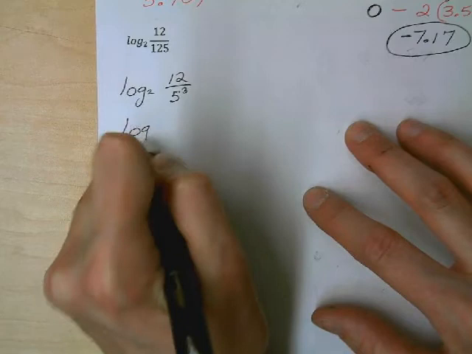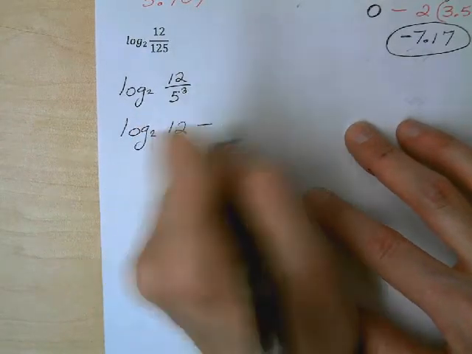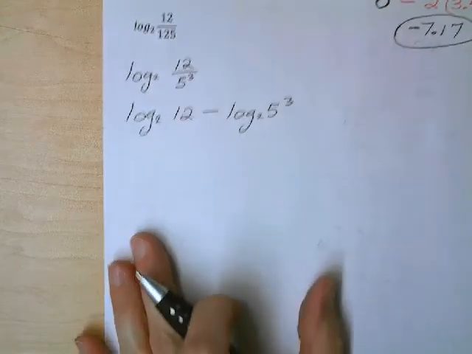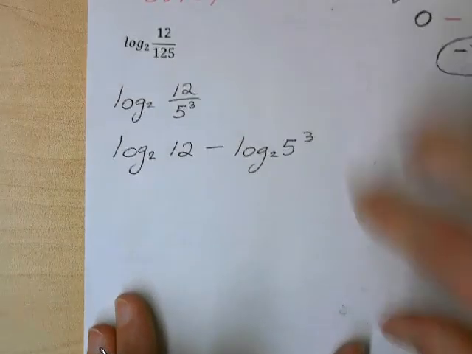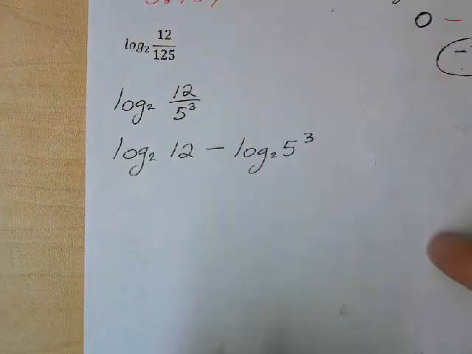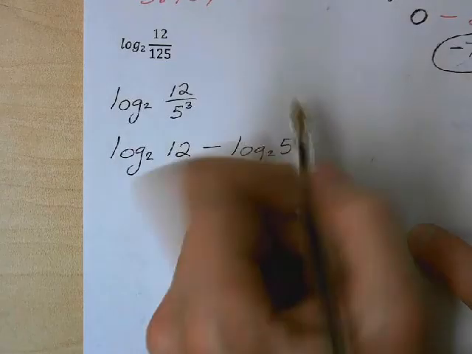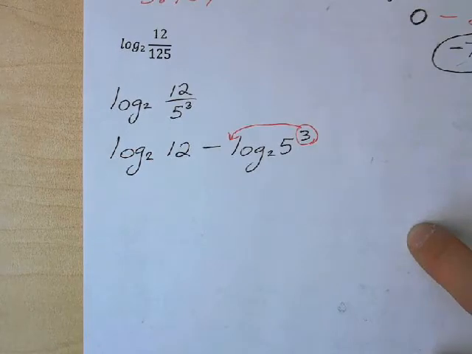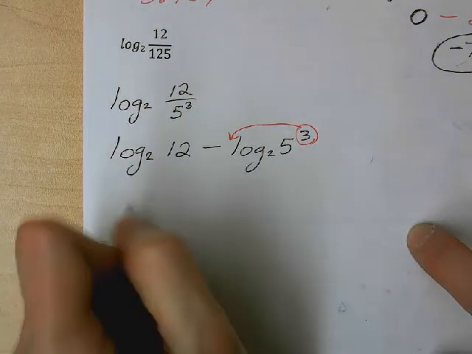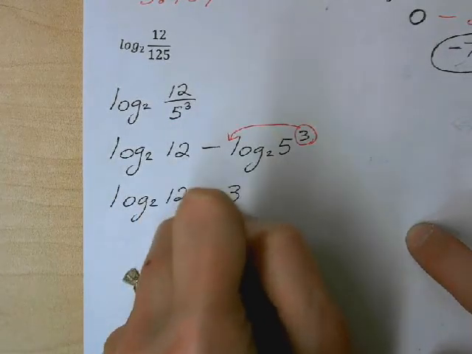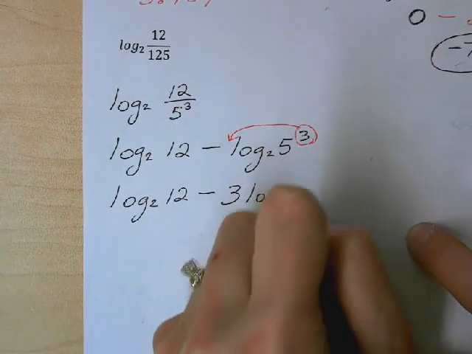So it'd be log base 2 of 12 minus log base 2 of 5 to the 3rd. So see, the fractions turn into subtraction problems. Quotient rule. And then again, you would bring this power over here. So then we have log base 2 of 12 minus 3 log base 2 of 5.